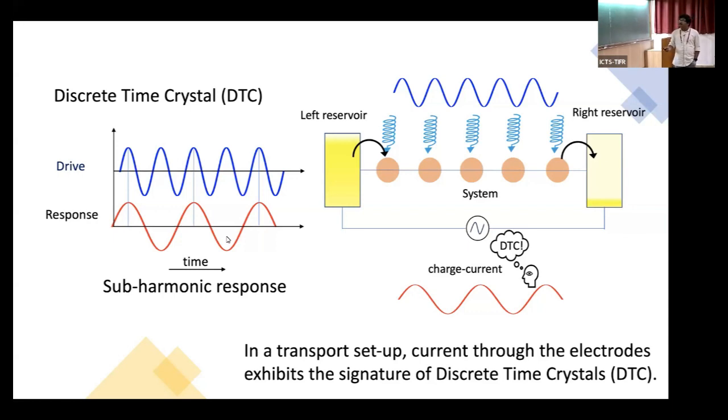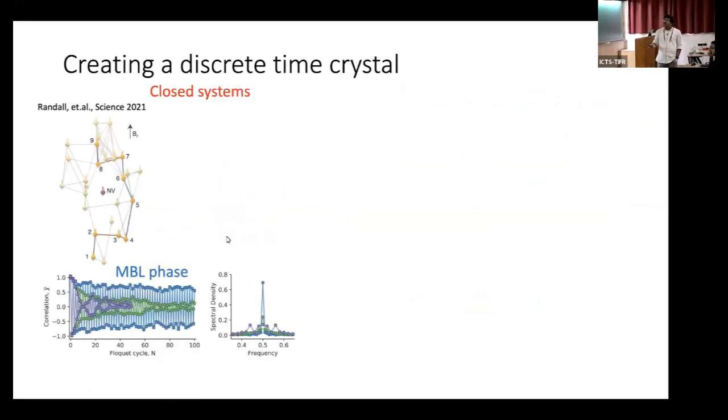By transport setup, I mean that I have a bunch of lattice sites where each site is being driven periodically with some period, and I connect that system with two reservoirs. From the left reservoir, I inject particles, and from the right reservoir, I extract them, and I complete the circuit. I see current through the circuit, and from that current, I can directly infer that I have a DTC.